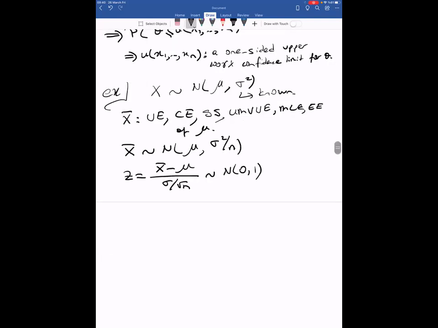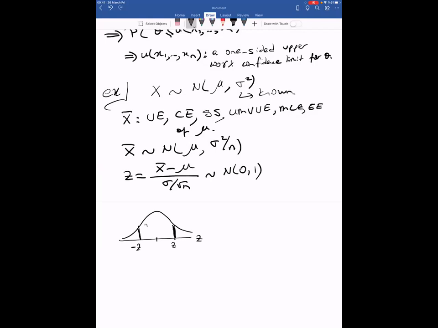Then if we want to generate a confidence interval, we can use this information. We have a standard normal random variable, and with some probability we can have symmetric areas, and then we can say that the calculated z value will be between minus z and plus z values.